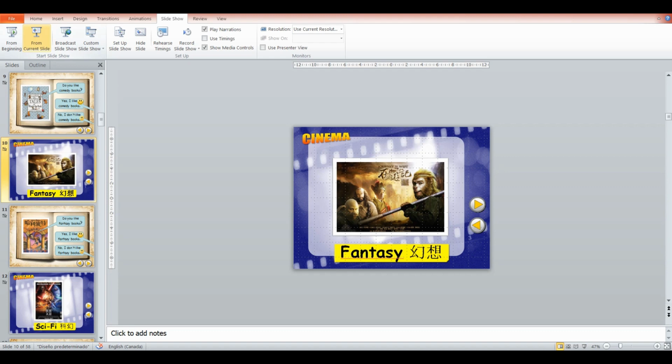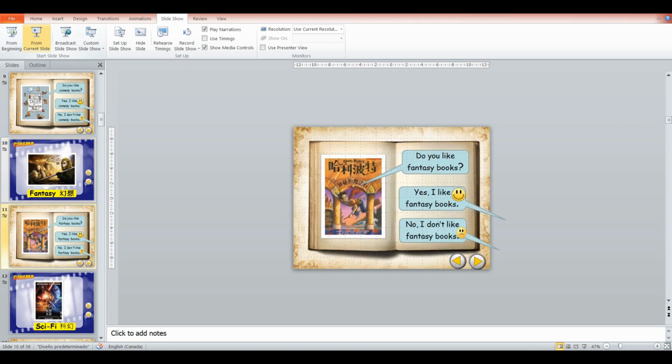So with fantasy, I'm going to be asking students what they see, what can you see in a fantasy movie, a fantasy book, and depending on their level, they're going to give you different vocabulary. What they will say is probably dragons, magic, and monsters, this sort of thing.